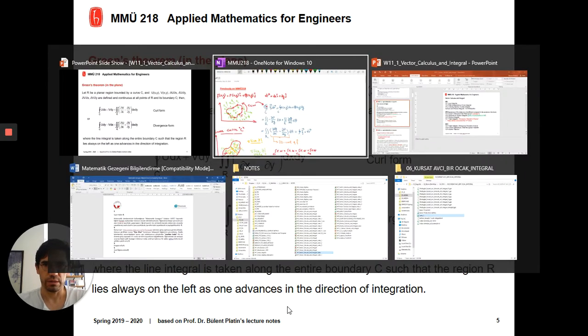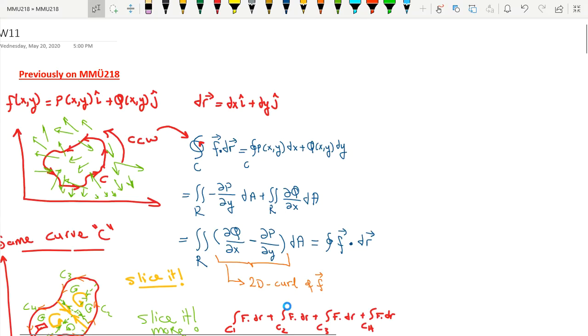So let's see. Previously we had seen that we could define a vector field in a plane and a curve in that plane. If I'm looping around a closed curve like this in counterclockwise fashion, I could find the line integral, obviously, if I know the position vectors.